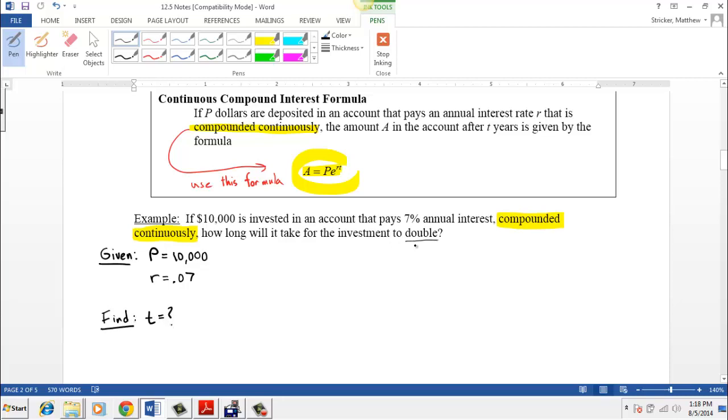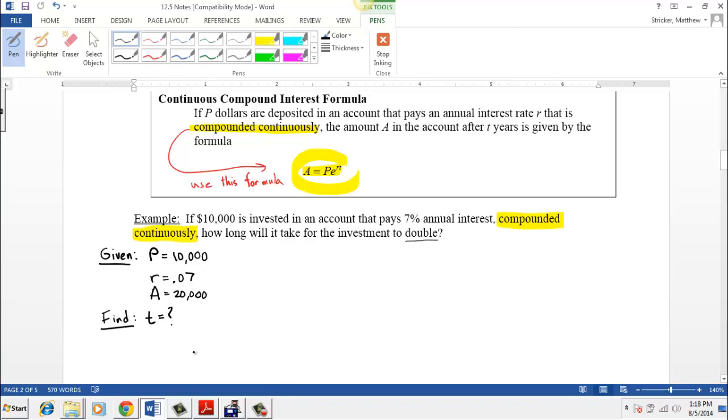But it says the investment will double. Remember last time we started with 10,000, just like this one, but we grew to 25,000. If it doubles, what's that future amount A? It's not 25 this time. It's twice 10,000, which is, of course, 20,000.